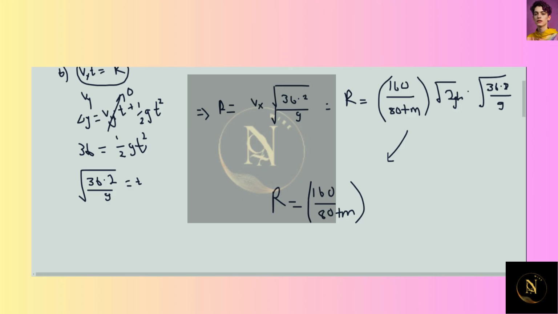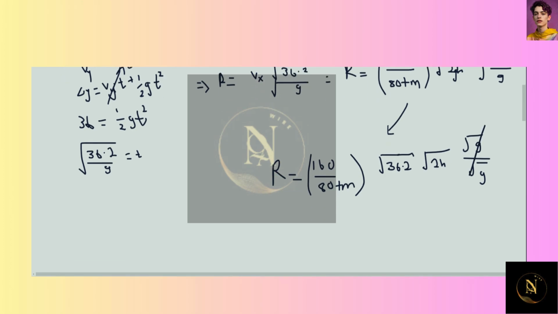And I know that I can separate those, so I can just say square root of 36 times 2 times square root of 2 times h, and then now I have the square root of g over the square root of g in this expression here, and that goes away. So no matter where you solve this problem, the value of the acceleration due to gravity is not going to affect your problem, because they are going to cancel in your final solution for the range. So again, the range does not depend on the gravitational acceleration.